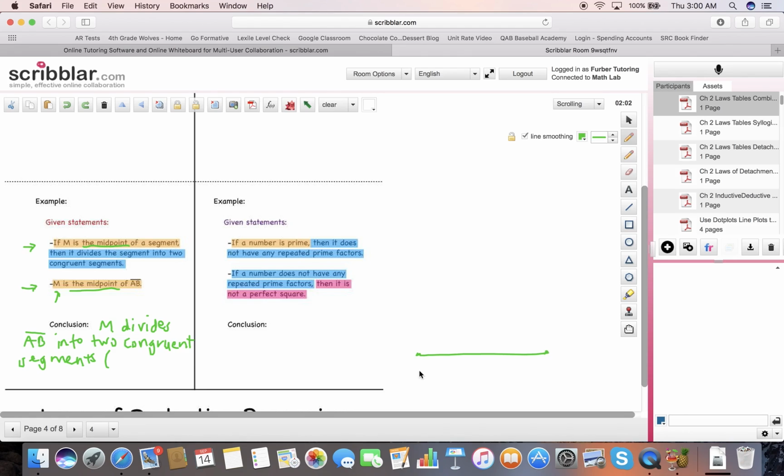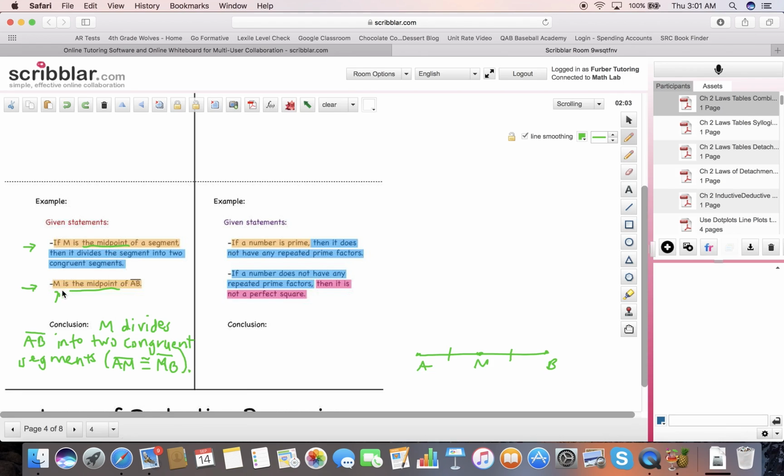If you were drawing a line segment AB and M is the midpoint, this segment and this segment would be congruent. So AM would be congruent to MB. That's what we're saying. We're just giving a specific example based upon this conditional.